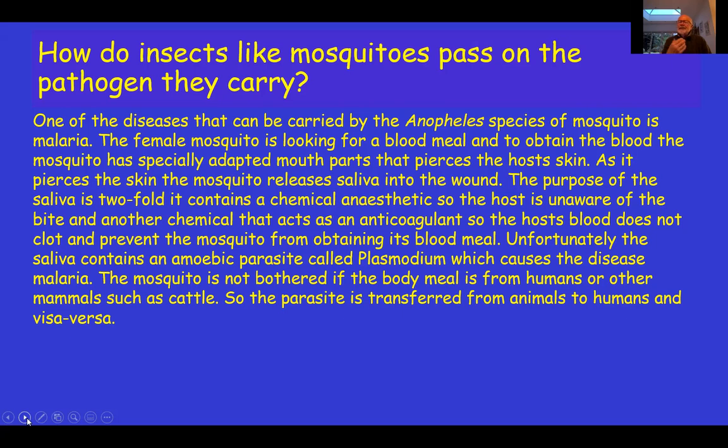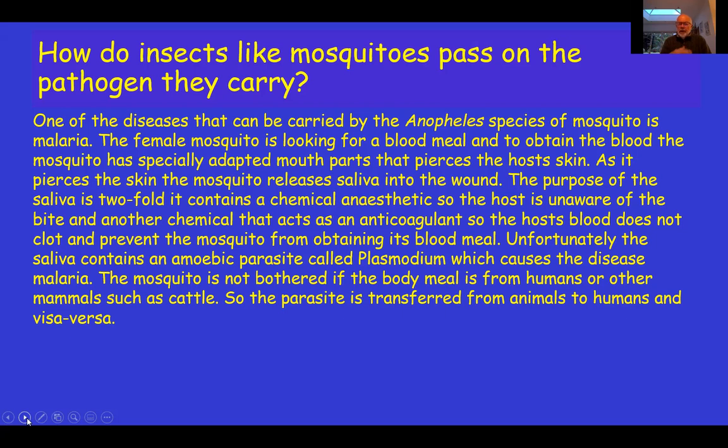It contains a chemical anesthetic, so you don't feel it bite you, all right? So the host is unaware of the bite. It's only when it withdraws that you think, oh, that hurt, all right? And then you swat or might get the mosquito. But the damage may well be done, and it's transmitted the actual pathogen.